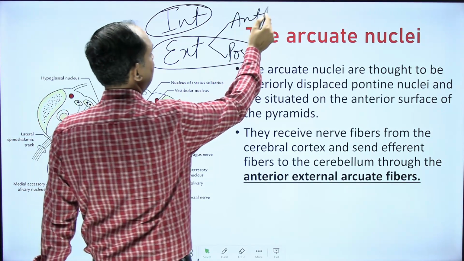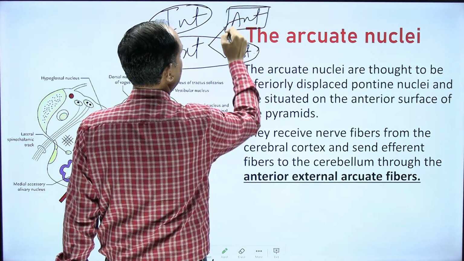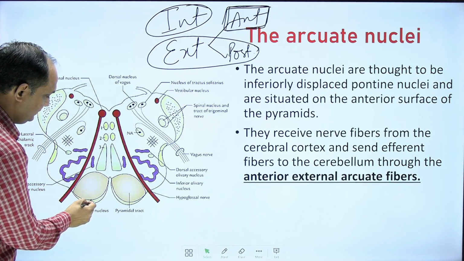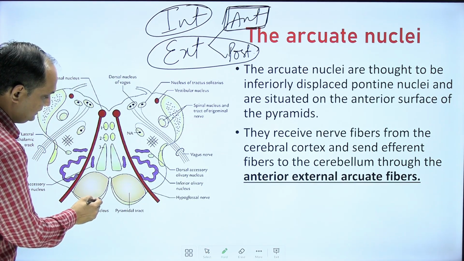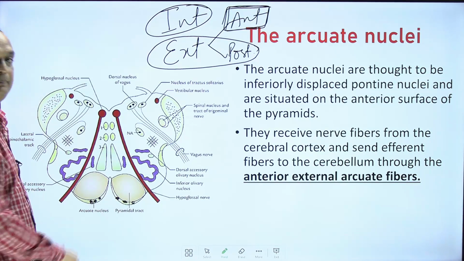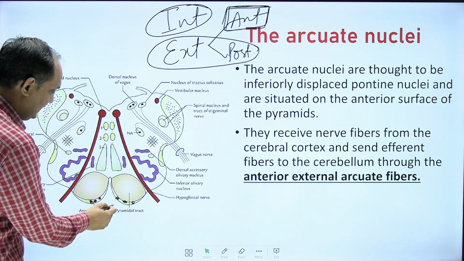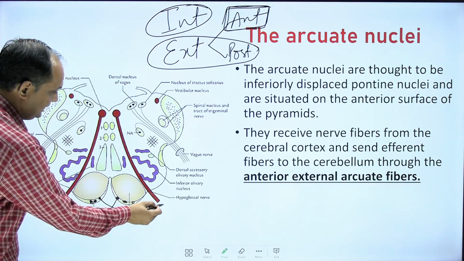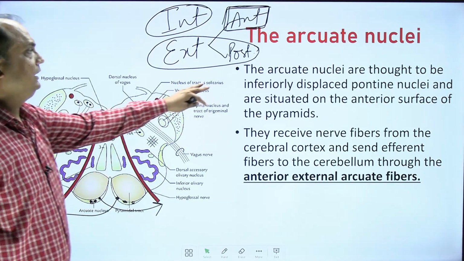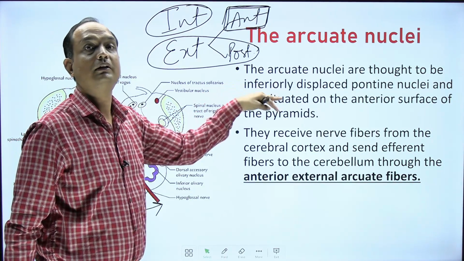Today we are talking about the anterior external arcuate fibers, and these arise from the arcuate nuclei. The arcuate nuclei are present on the anterior aspect of the pyramid, and the fibers which arise come out to the opposite side on the ventral surface of your pyramid. So what is the arcuate nucleus?